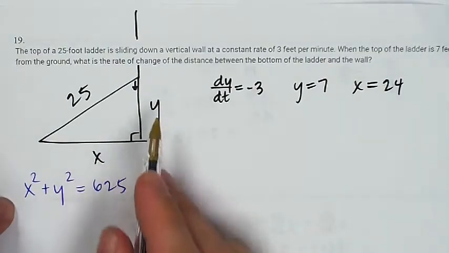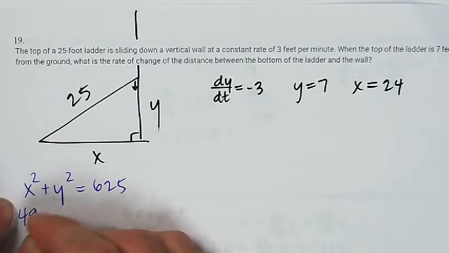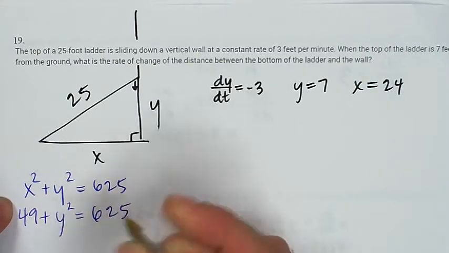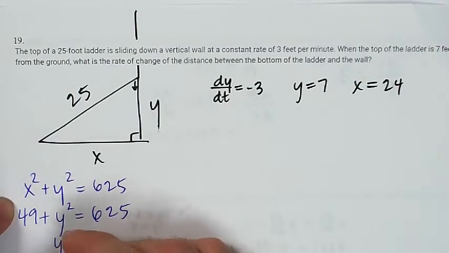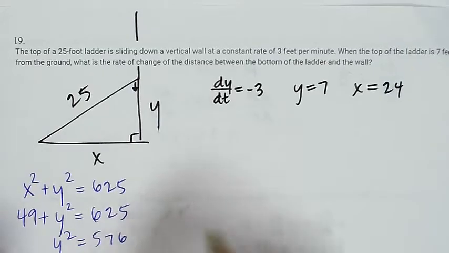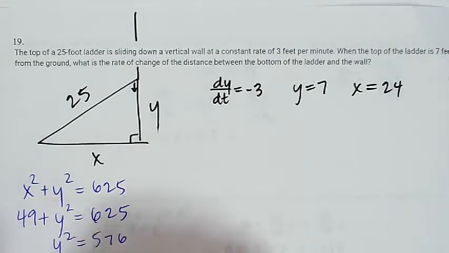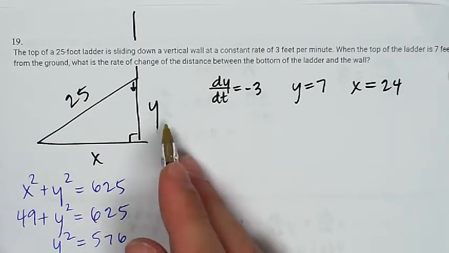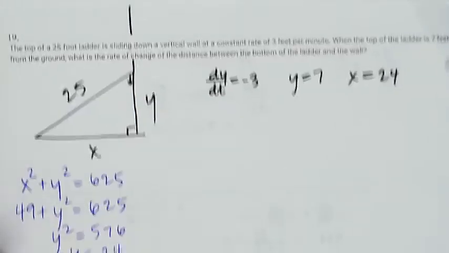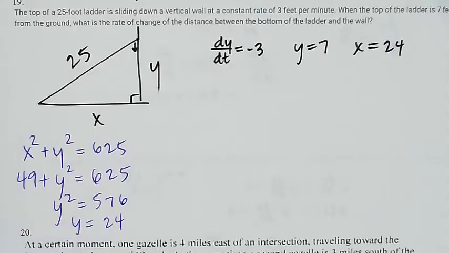And then 49 plus x squared equals 625, and then you'll find that x squared equals 576. Then you would take the square root of both sides and x is either positive or negative 24, but probably positive because we're talking about a real scenario here, with an actual length.